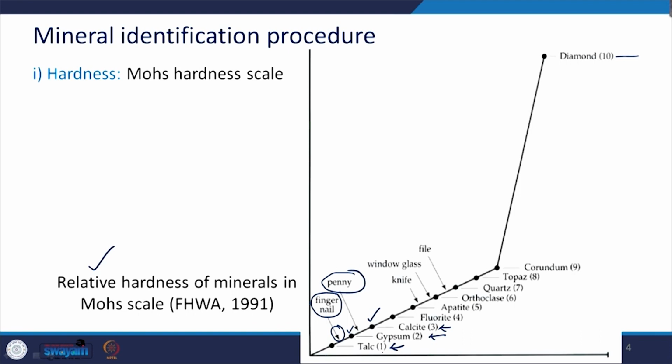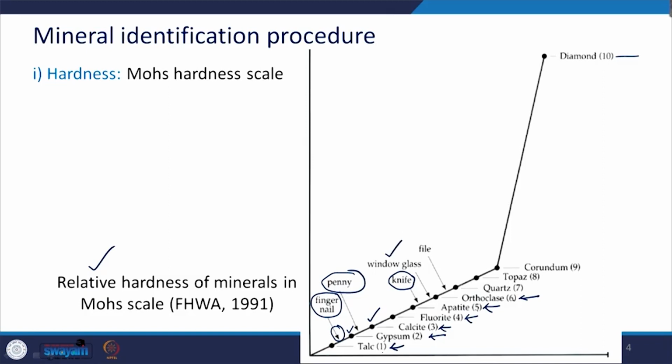Then the next mineral in this series is fluorite, followed by apatite here, and then comes orthoclase. You can see that in between apatite, whose relative hardness is 5, and orthoclase, whose relative hardness is 6, there come the knife and window glass.